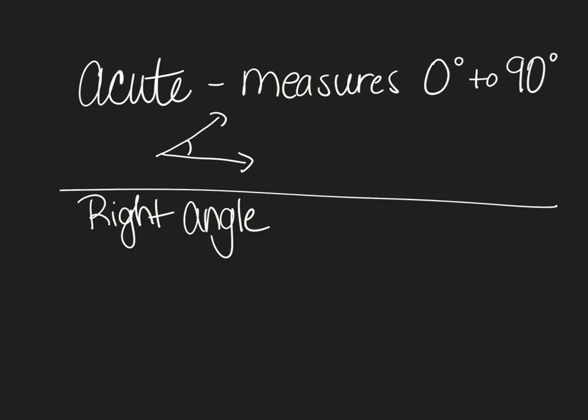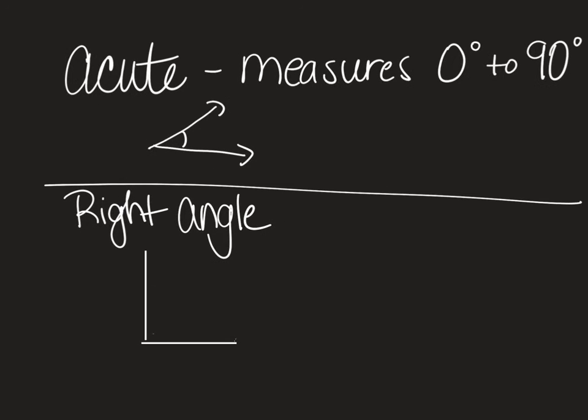All right, so here we have a right angle. It's like an L shape. Now, I'm going to put my arrows here, okay? And one identifying key to a right angle is the square there in the corner. You guys see that? I'm going to color that yellow. Joanna's favorite color is yellow.